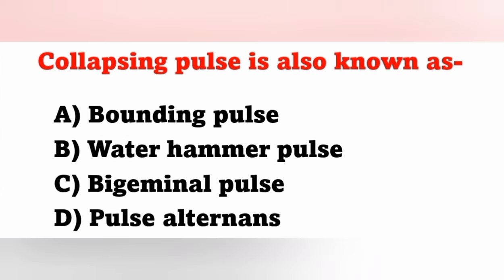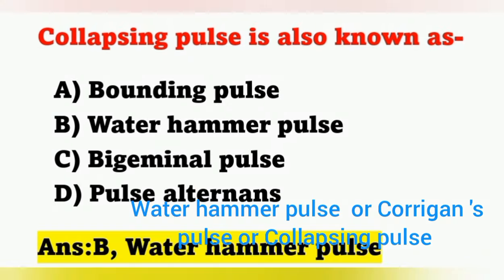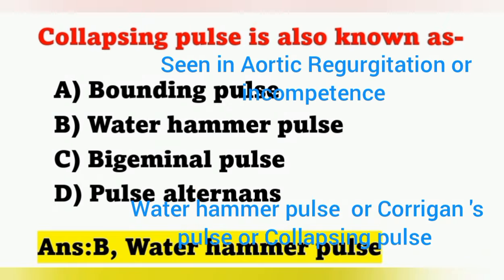And the next question: collapsing pulse is also known as, options: option A bounding pulse, option B water hammer pulse, option C bigeminal pulse, and option D pulsus alternans. Collapsing pulse is also known as water hammer pulse. Option B is the correct answer.